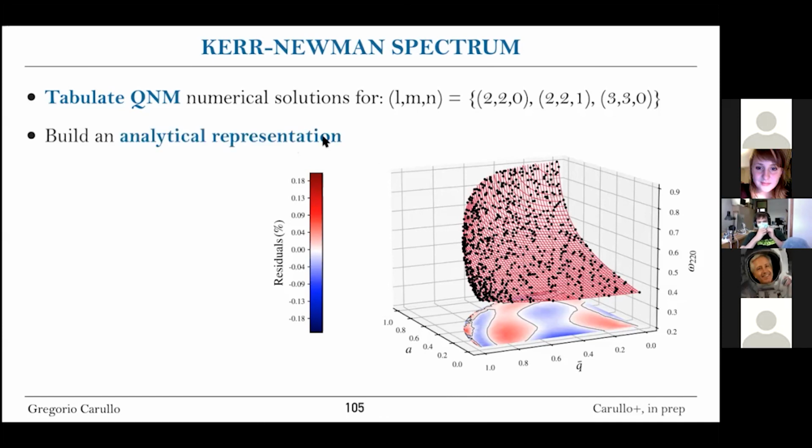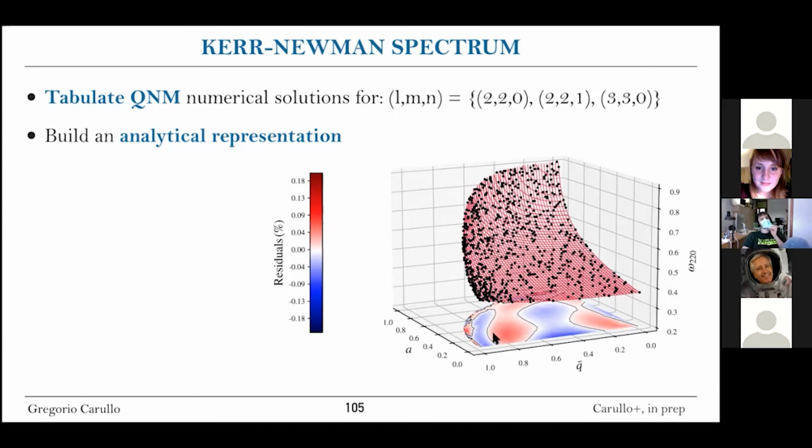And then after that, of course, we want to build an analytical representation, which we did by using rational functions. And here you can see the red net is the rational function, which actually captures the spin and charge dependence quite well. The residuals are essentially at the level of 0.1%, which is comparable to what you have for Kerr black holes from the fits.